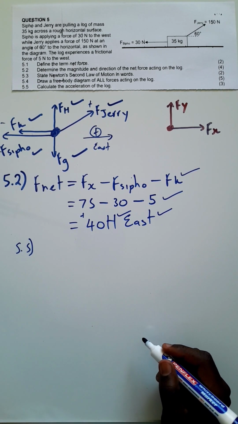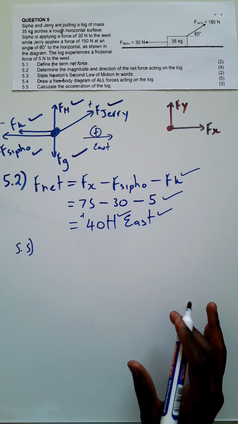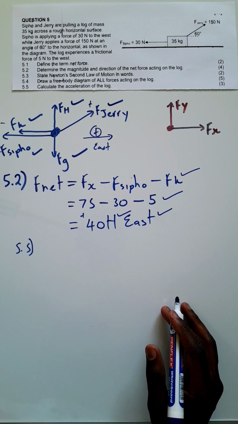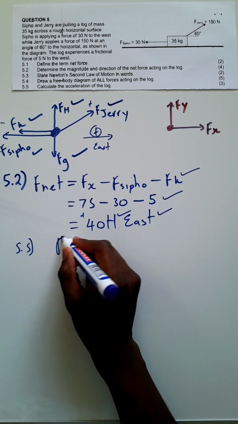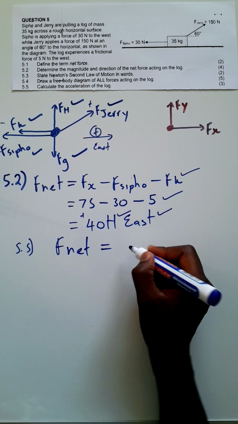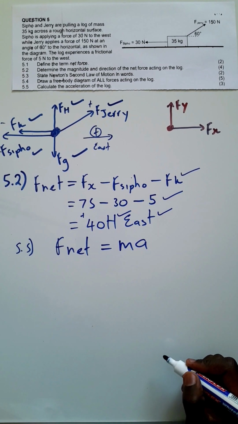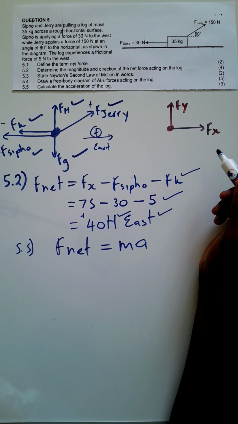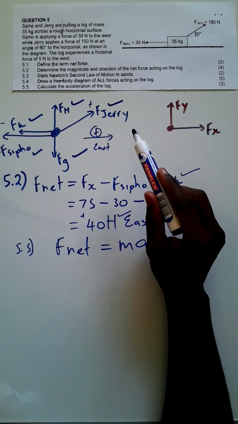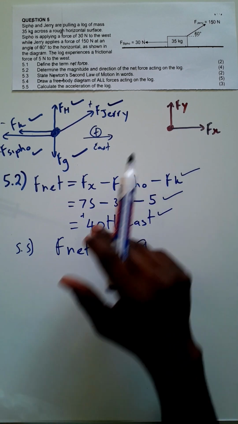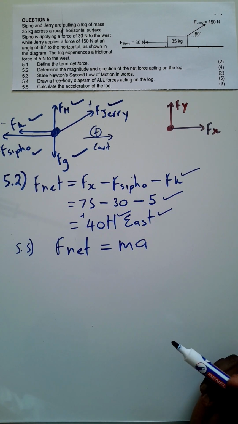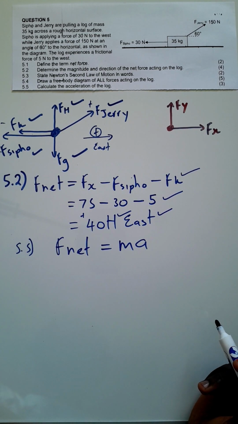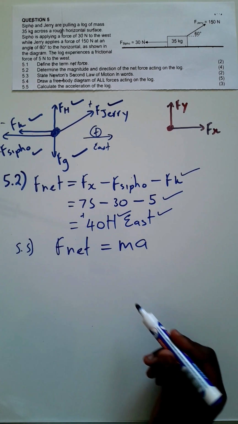With this acceleration calculation, we are going to emphasize what we have just said there. We said that we are going to start by saying the net force is equal to mass multiplied by acceleration. Let's recalculate that net force. So what do we have again? We have east as positive. We decide that Jerry's force is positive because the direction of motion is to the right or east, and therefore Sipo on the left is negative, as well as the frictional force is negative there.